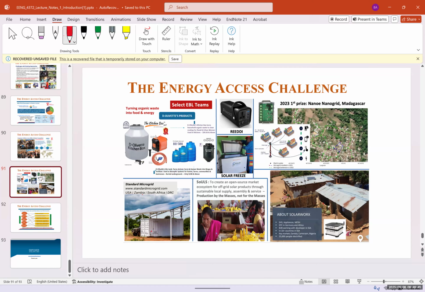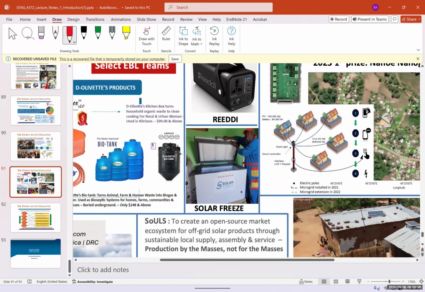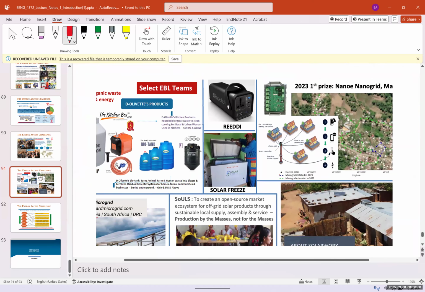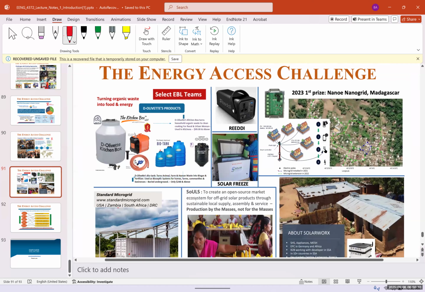These are some prizes. The 2023 first prize was a nanogrid in Madagascar, and you can see other projects as well. One is a solar freezer. One is just using organic waste.